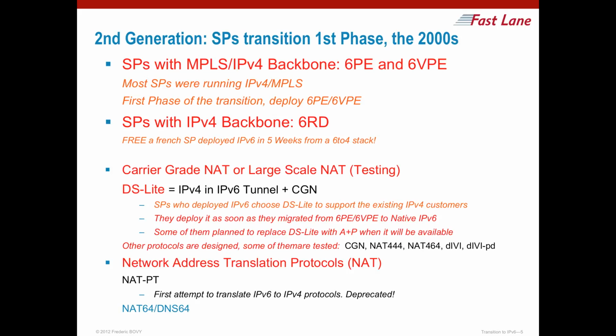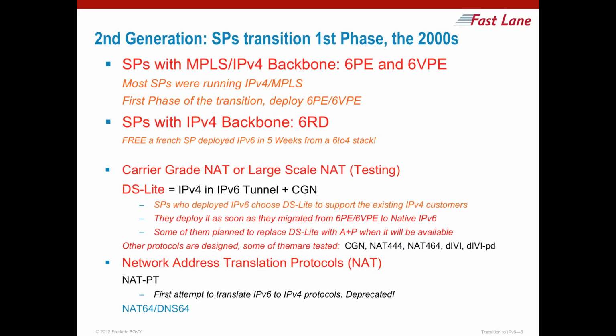MPLS was started at the end of the 90s, everybody had their own IP switching technology, and tag switching was the product of Cisco. Many service providers launched tag switching backbones because it was not only for performance, but it also permitted adding many services, like VPN for instance, very easily.